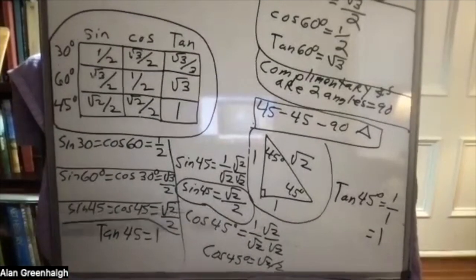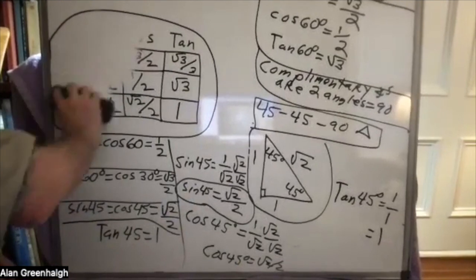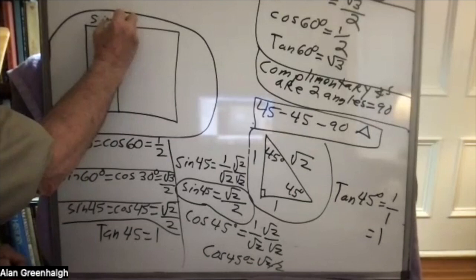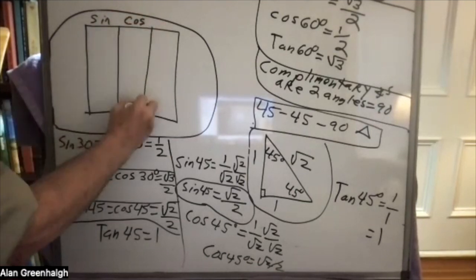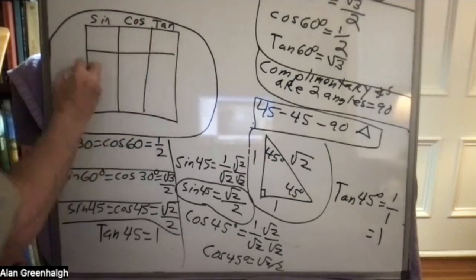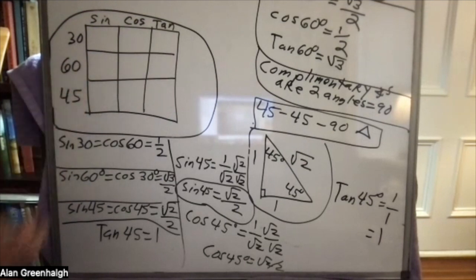So in other words, if I'm filling in this chart, let me start from scratch. Sine, cosine, tangent. 30, 60, 45. This is the chart.